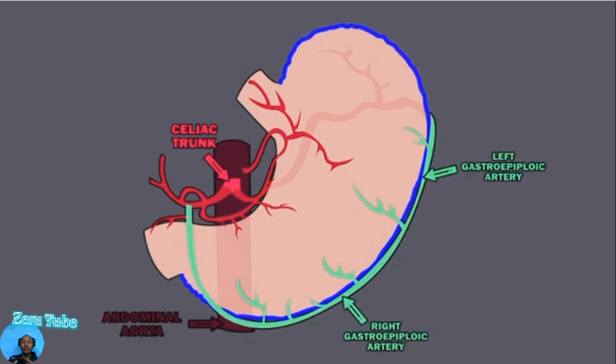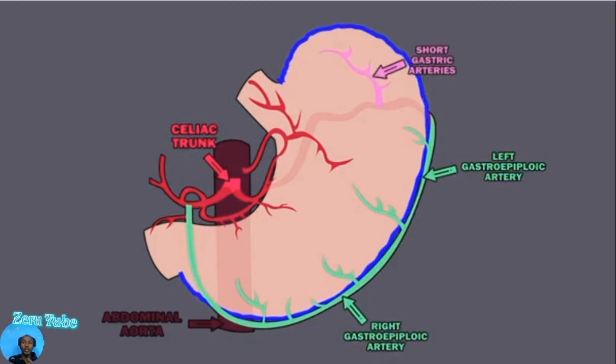The left gastroepiploic artery is derived from the splenic artery. The right gastroepiploic artery is branched from the gastroduodenal artery. The gastroduodenal artery is branched from the common hepatic artery, and the common hepatic artery is branched from the celiac trunk.